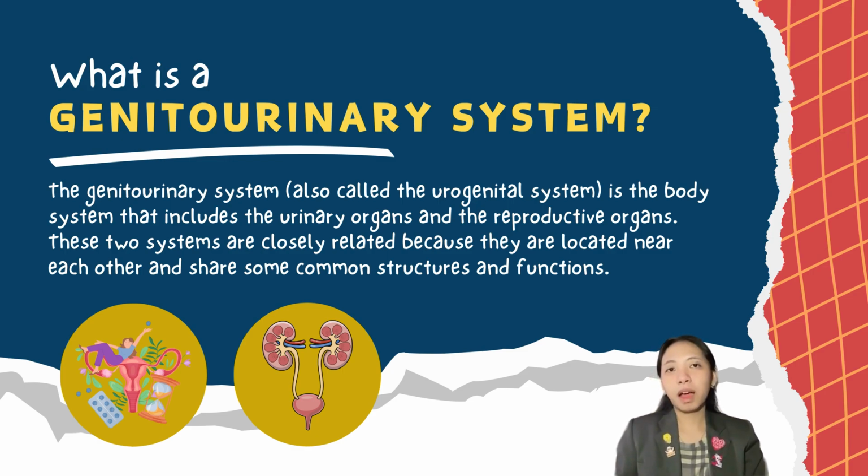These two systems are closely related because they are located near each other and share some similar structures and functions. The urinary system removes waste and regulates body fluids, while the reproductive organs are responsible for growth and reproduction. Together, they maintain important physiological balance in the child's body.